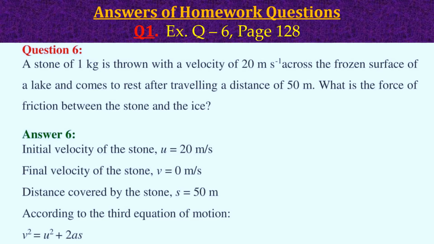So we are considering that equation, and here it is given in a rearranged form. Actually we say v square minus u square is equal to 2as, but here u square is also brought to the other side of the equal to sign. So the equation is rearranged as v square equals u square plus 2as.